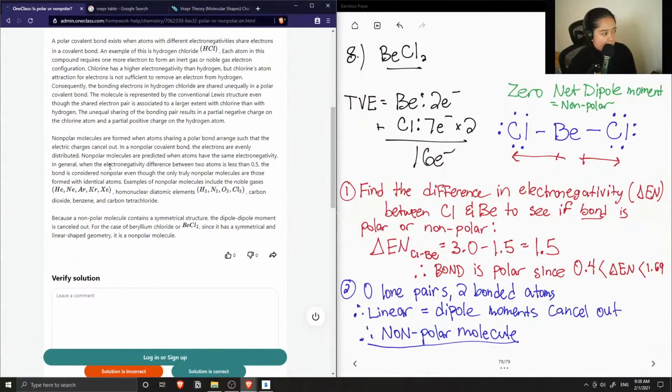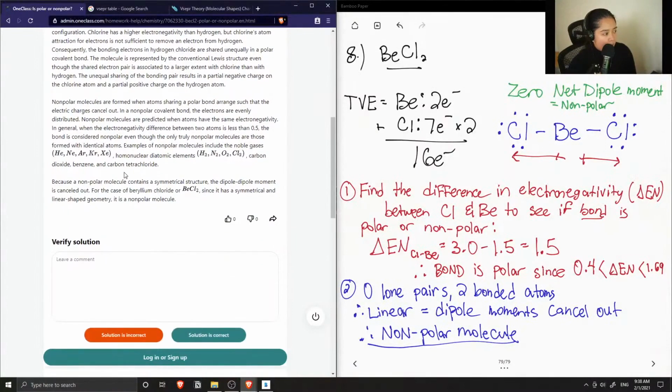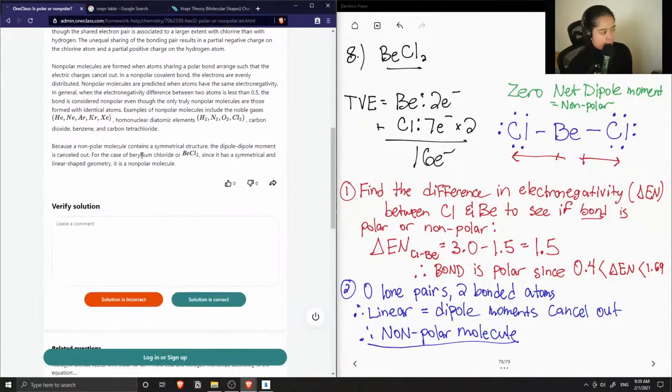Okay, so when the electronegativity difference between two atoms is less than 0.5, it's considered nonpolar. And they say the only truly nonpolar molecules are those formed with identical atoms, like diatomic gases and the noble gases as well.